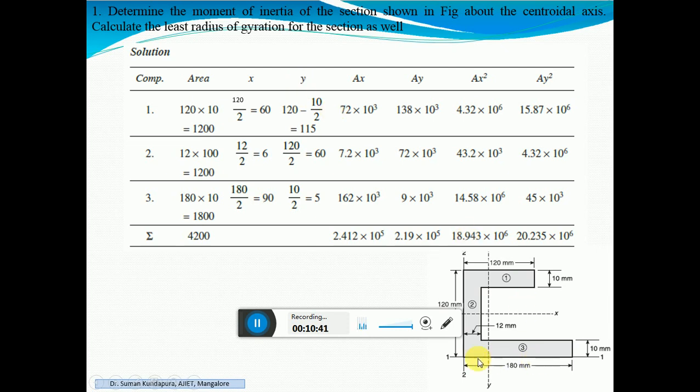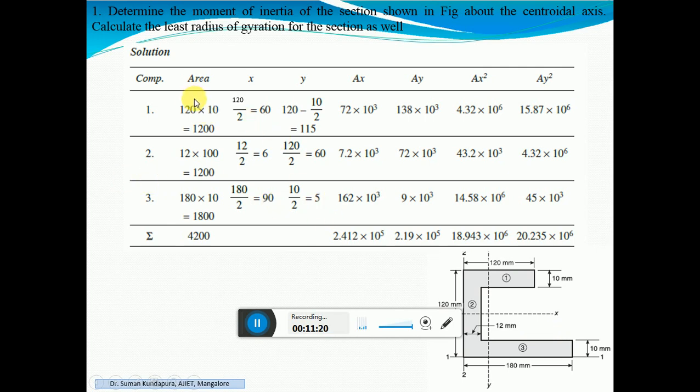Y distance from the 1 axis for the first rectangle, it is 10 plus 100, 110 plus 10 by 2. And next one is 10 plus 100, 110. Till here it is 110 plus 10, 120 divided by 2. This one is 10 divided by 2.